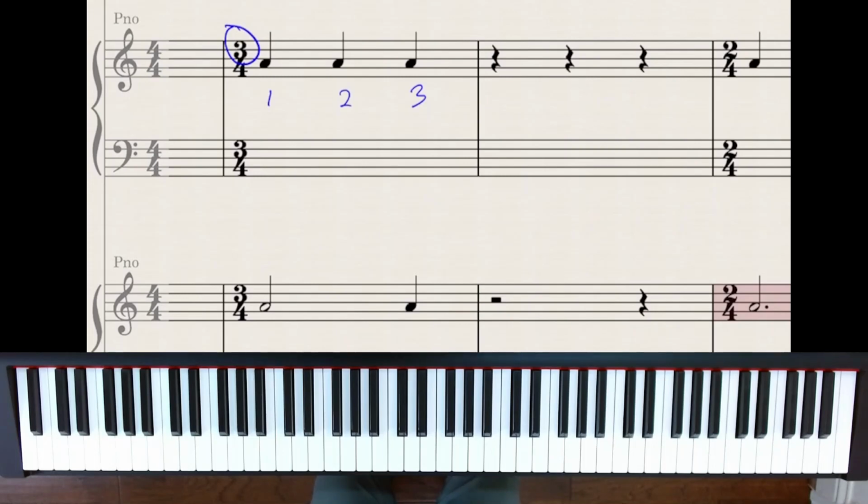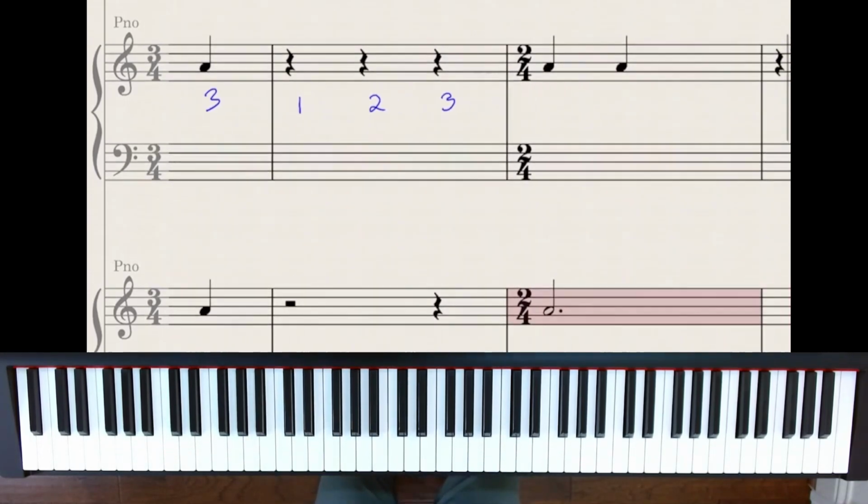So each note is going to get a beat, each quarter note, but now we can only have 3 beats per measure. Okay? So if I go to play this one, one, 2, 3.